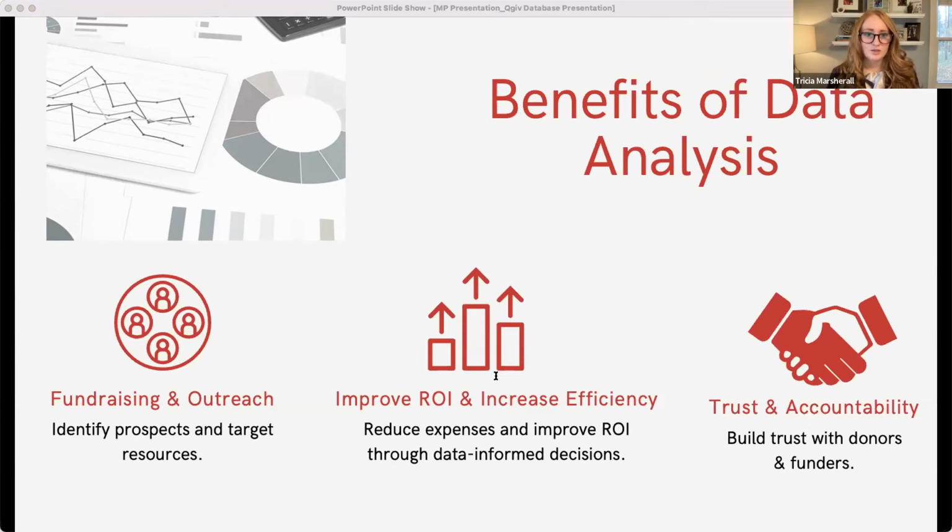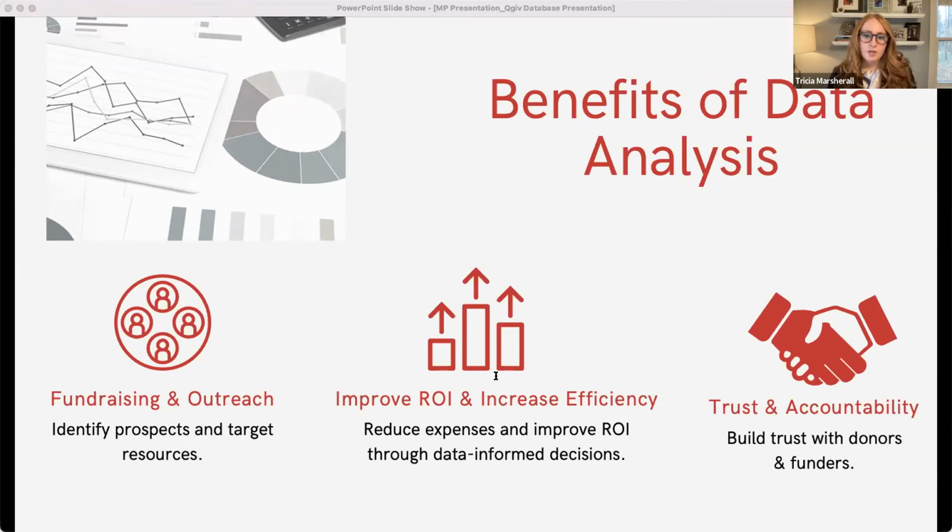So your fundraising and outreach: optimizing those fundraising efforts can have a major impact on a nonprofit's success. Your analytics can help identify fundraising prospects, provide insight into the most effective fundraising methods and most favorable target markets.